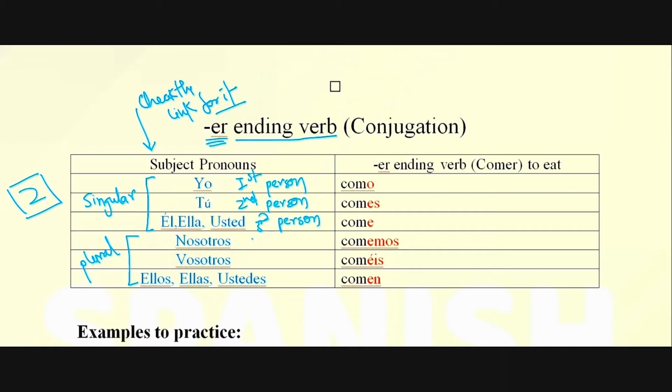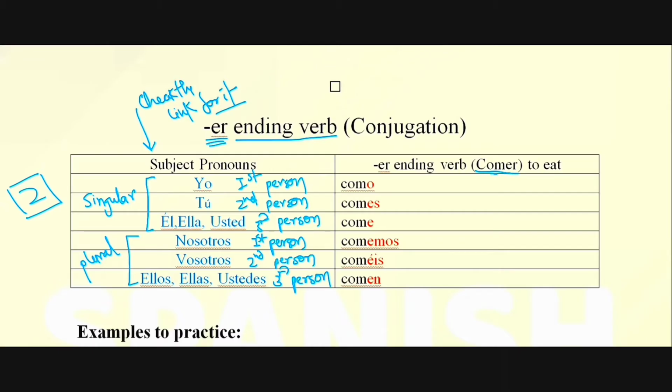Now, nosotros is first person plural, vosotros is second person plural, and ellos, ellas, ustedes are third person plural.